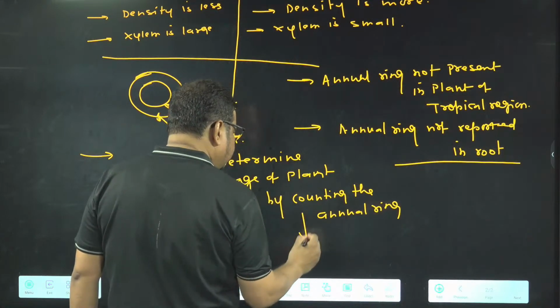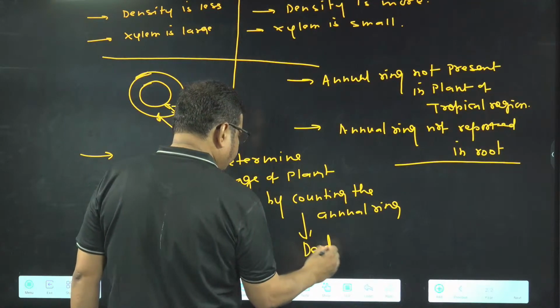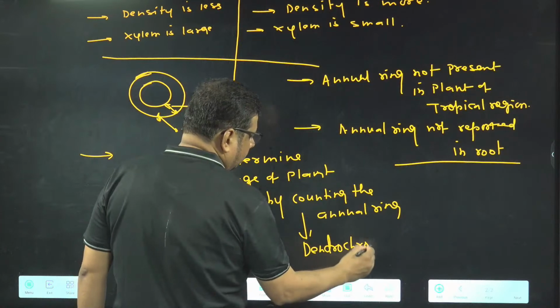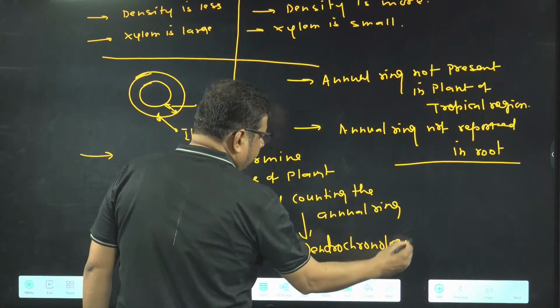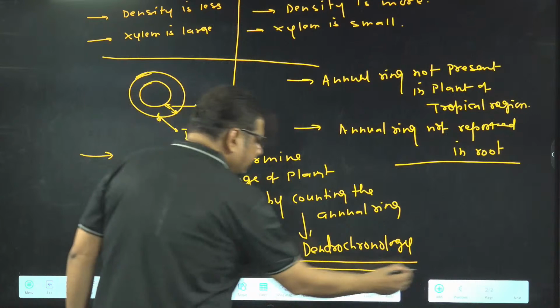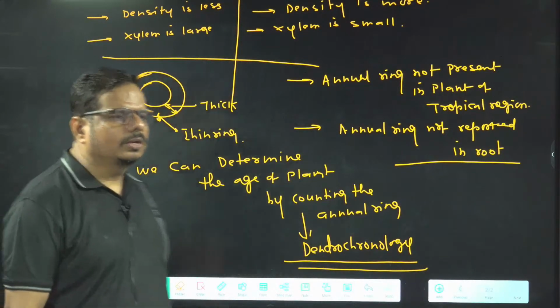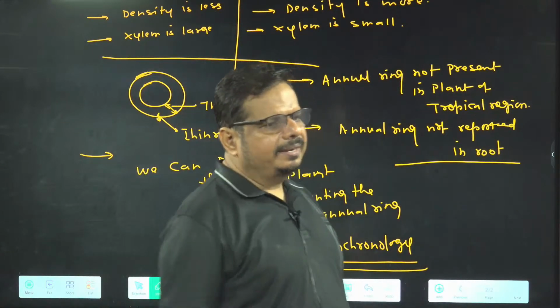And this is called dendrochronology. Determining the age of plant by counting the annual ring is called what? Dendrochronology. Getting the idea? Understanding the idea?